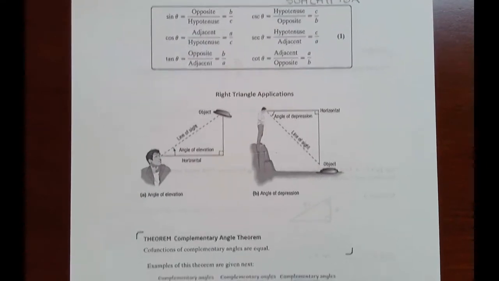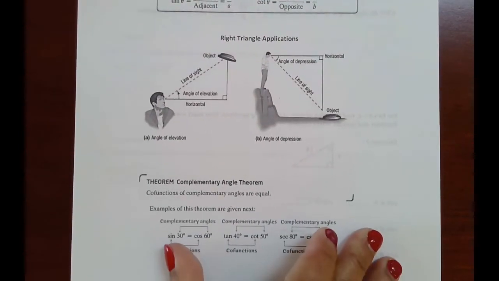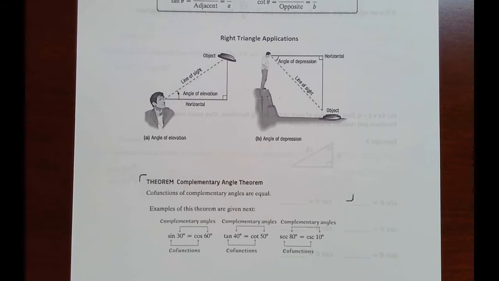Okay, I wanted to mention some things from geometry, just in case you have forgotten them, and that is what is an angle of elevation and what is an angle of depression, because those phrases will be used quite often in some of the word problems that they're going to throw at you in this section. Angle of elevation as well as angle of depression is always measured from the horizontal.